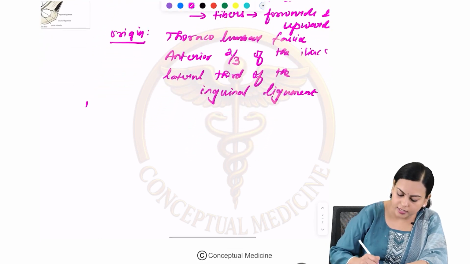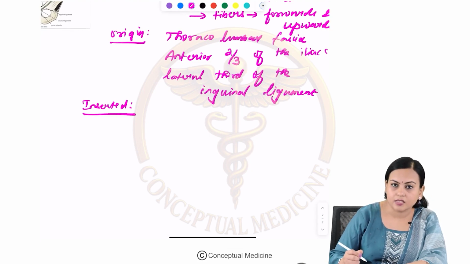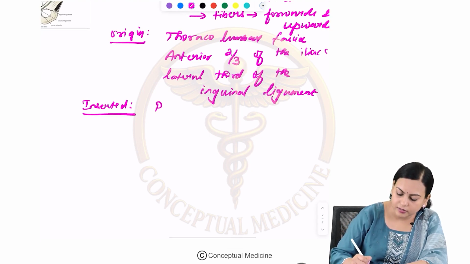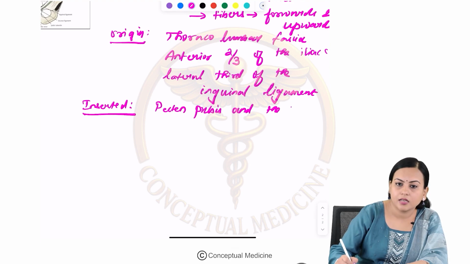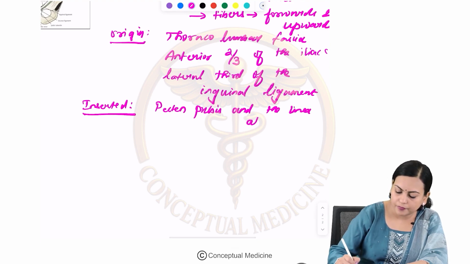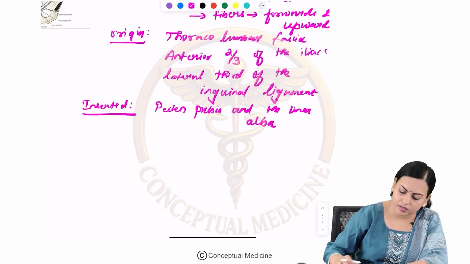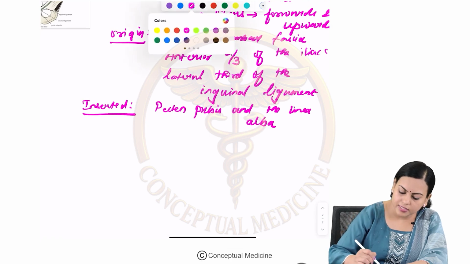Where are these inserted? This muscle is inserted into the pecten pubis and the linea alba. We'll see the next muscle.